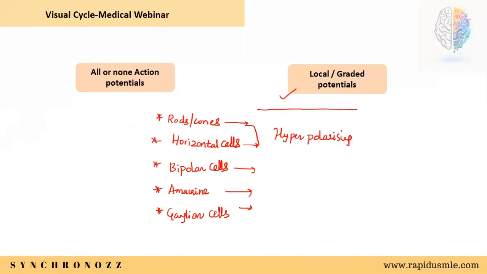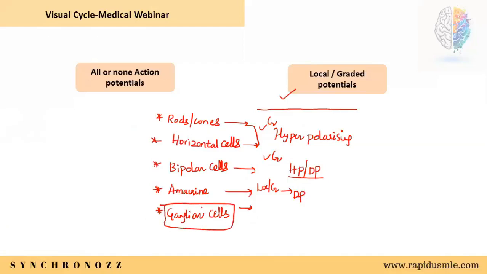When it comes to bipolar cells, again it is graded, and the variety is either hyperpolarizing or depolarizing. I'm using shortcuts here: HP means hyperpolarizing and DP means depolarizing. Amacrine cells also generate local or graded potentials, but of depolarizing variety.